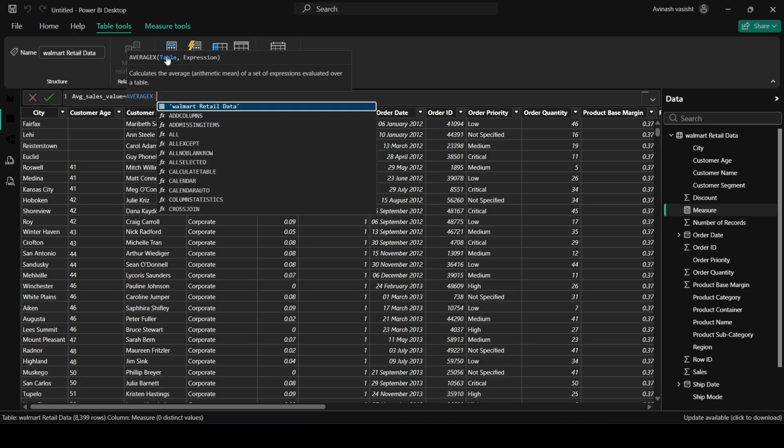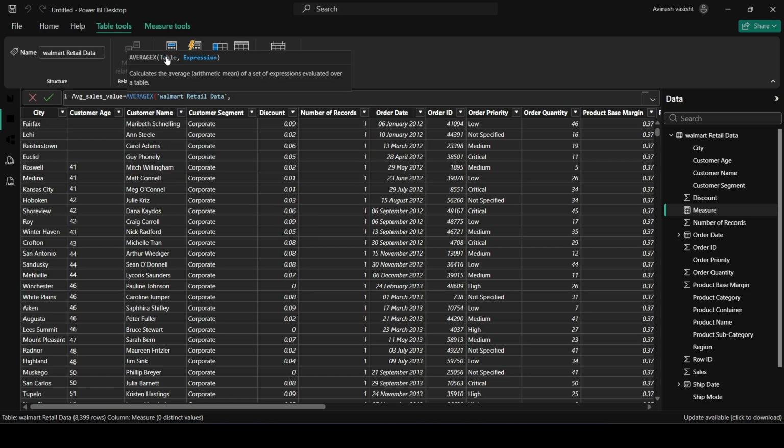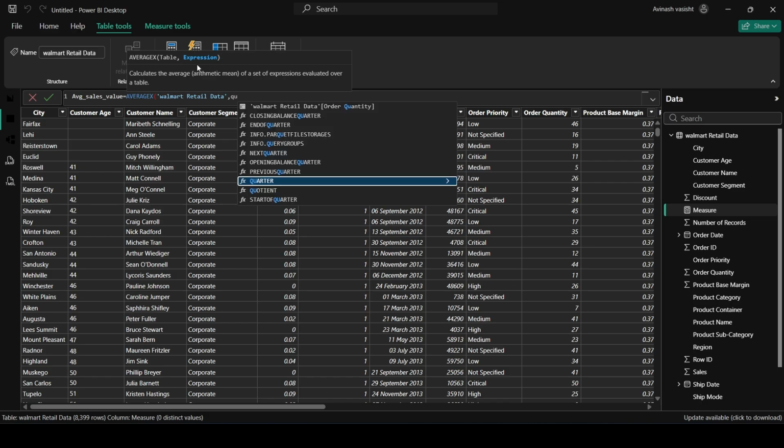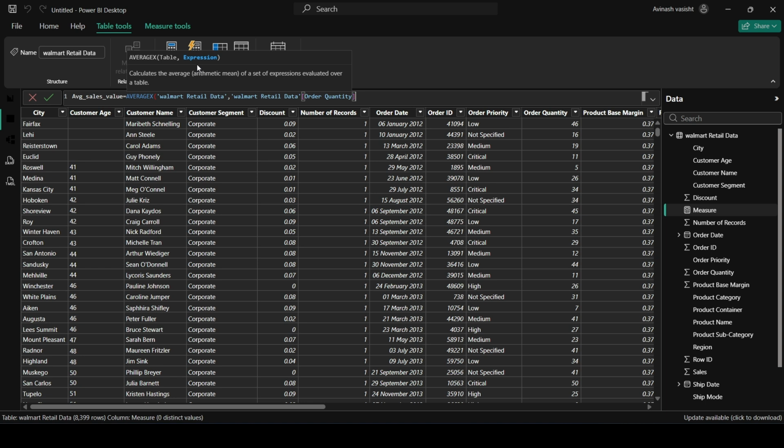The first argument is a table, and the expression would be order quantity into unit price.